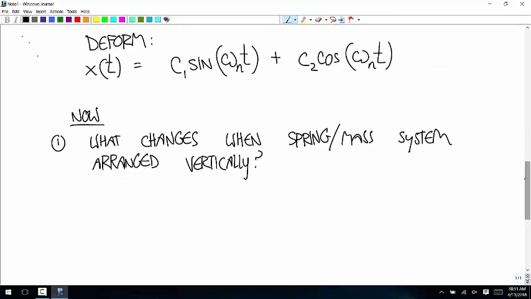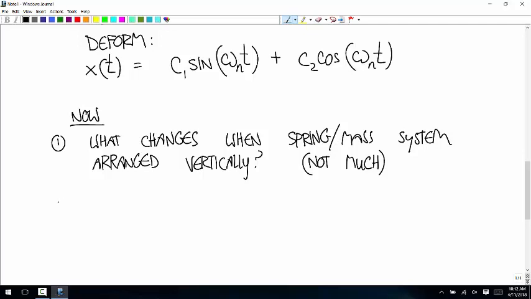The answer is not much. I'm going to go through a derivation of that, and I'm going to ask you to go through similar derivations, so you need to follow the steps on this. But the answer is not much. The frequency doesn't change, so the period doesn't change. The only thing that changes is the center point of the oscillation goes from being the resting length of the spring to the spring's length when the thing's hanging in equilibrium.